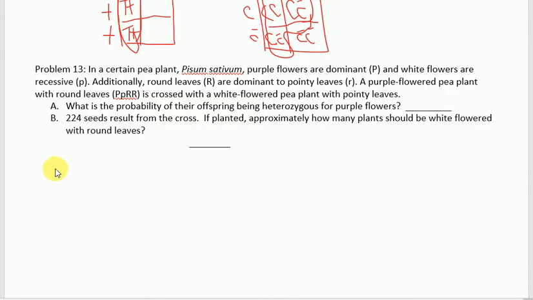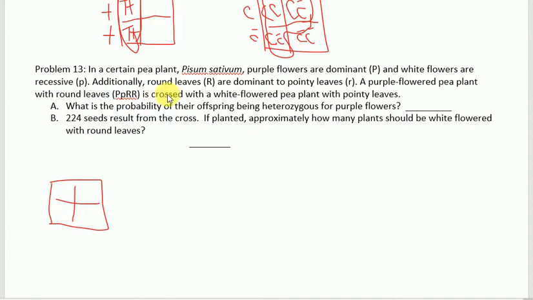So for A, what we're going to do is we're going to do a Punnett square, and we are only going to look at one trait, because we are looking for the purple flowers, not the shape of the leaves. So the first thing is that they gave us the purple flowered pea plant with round leaves.